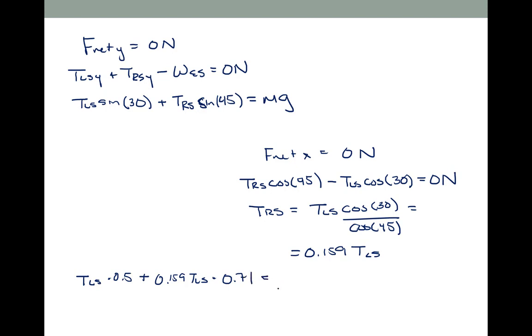And set that equal to the spider's mass, which is 0.005 kilograms times 9.8 meters per second squared. And now if I solve for TL, I get TL equals 0.08 newtons. And I can plug that back in and find that TR equals 0.013 newtons. This concludes this example and this part of Unit 5.